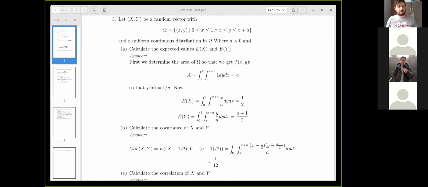We just calculate the integral of this so that the x goes away. So we get x over a, evaluated at 1 and 0. And that comes down to 1 over a.